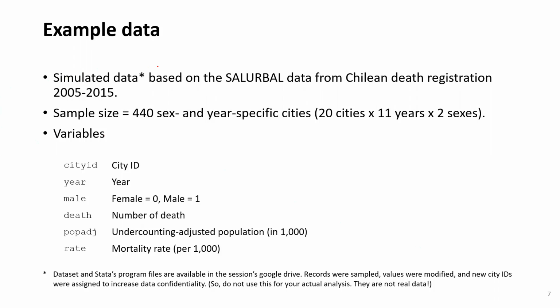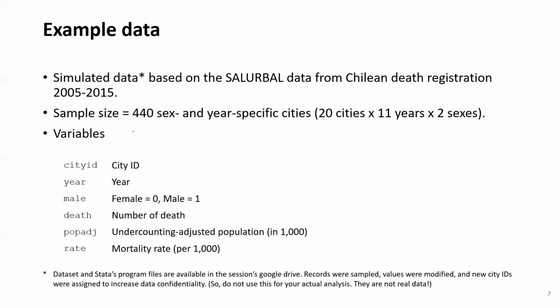The sample size is 440 sex and age specific cities. So, why 440? Because there are 20 cities for 11 years of data and for men and women. This is the reason why we have 440 data.